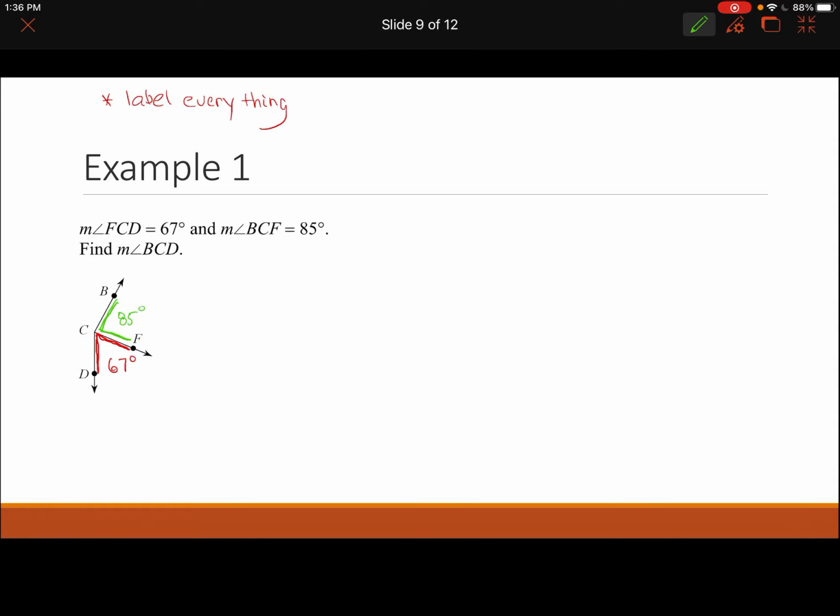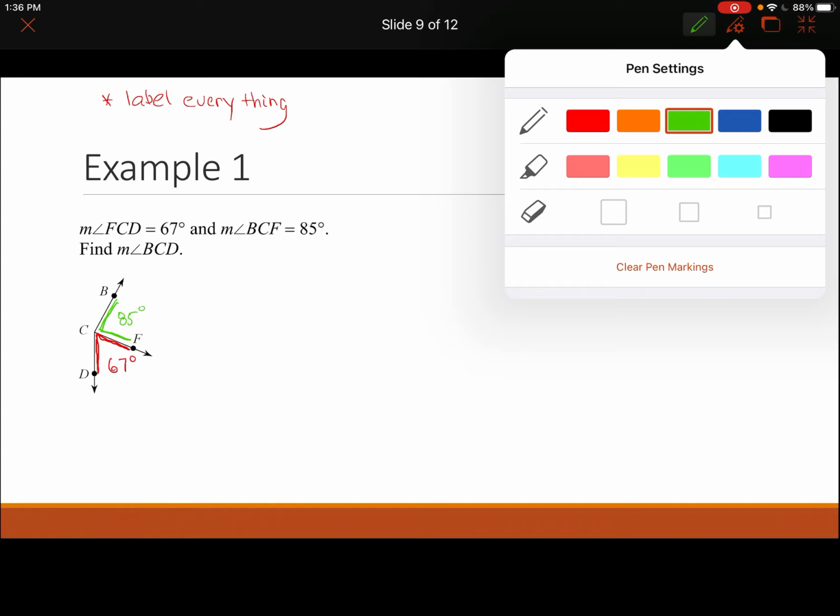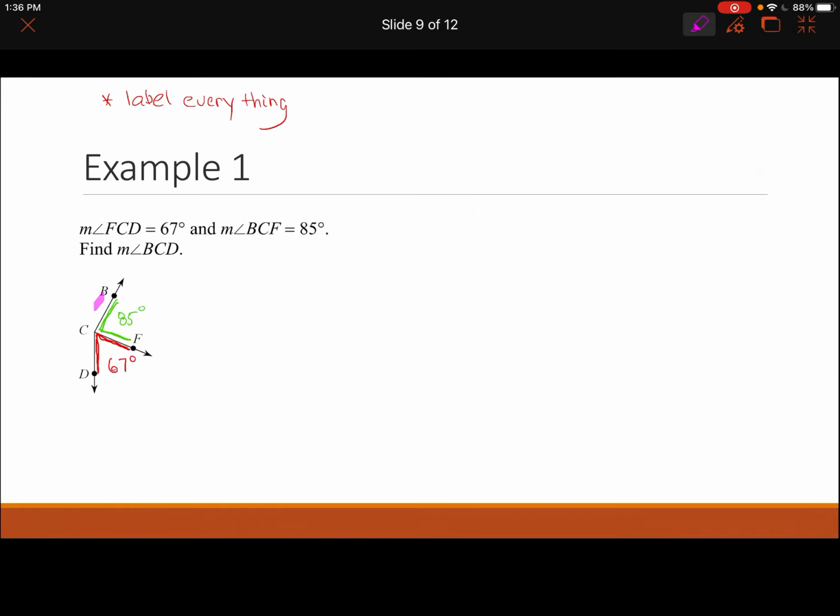So it seems like we have those 2 smaller angle values given to us, and we need to find BCD. So BCD is going to equal this outside angle. So we already know that the measure of angle BCD is equal to the measure of angle BCF plus the measure of angle, we called it FCD.